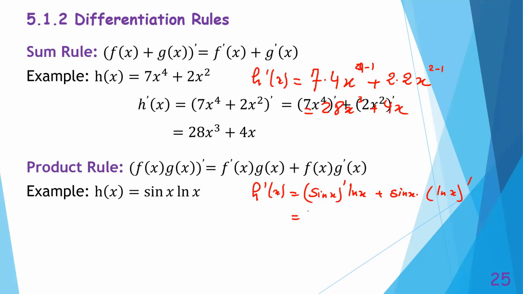Cosine x. So cosine x times ln x plus sine x. What is the derivative of ln x? 1 over x, maybe? 1 over x. Okay, I'm not satisfied with "maybe". I want you to be sure about your results, but this will come with practice.